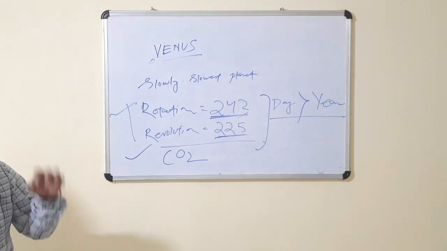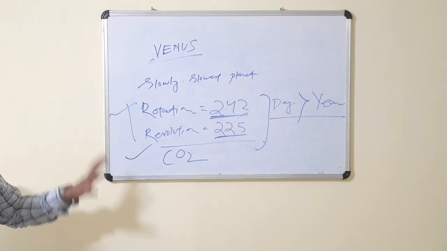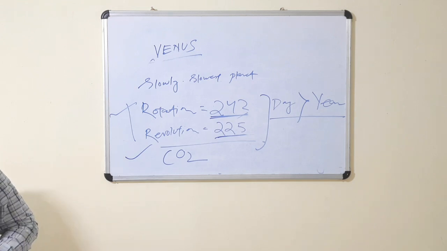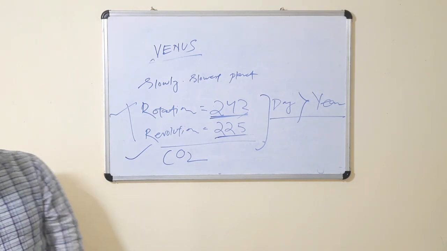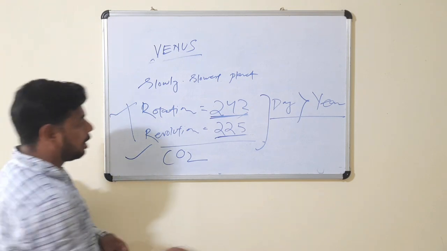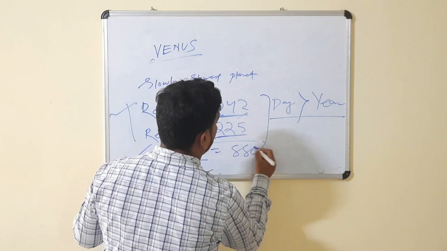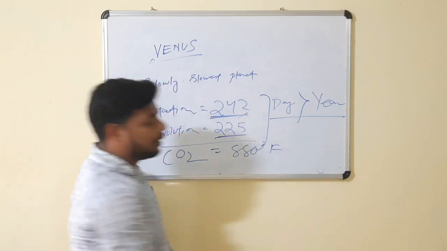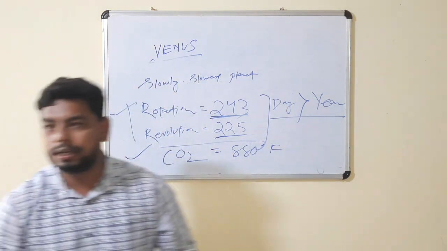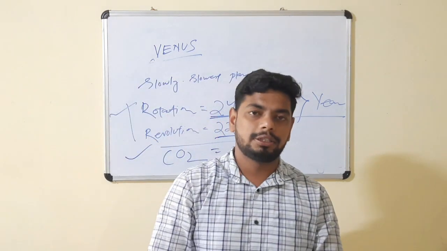In fact, it trapped the Sun's heat and that caused the surface temperature to reach around 880 degrees Fahrenheit. There are two scales, degree Celsius and Fahrenheit.